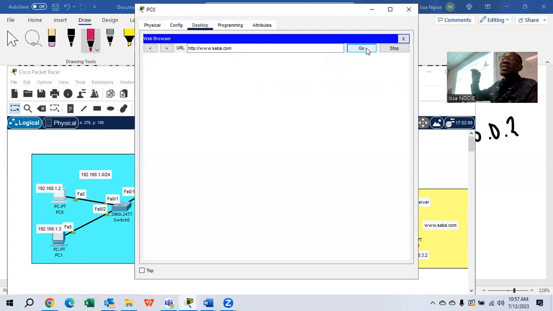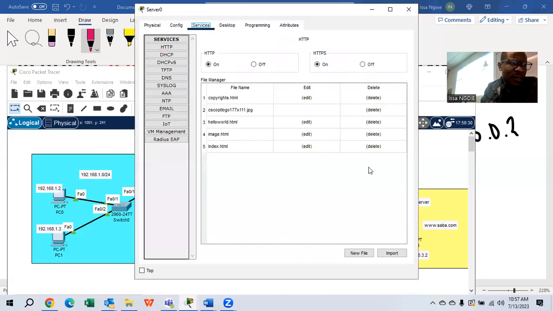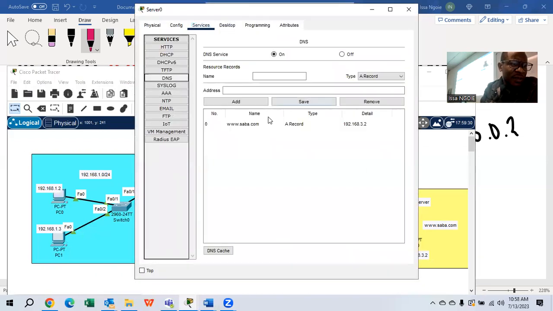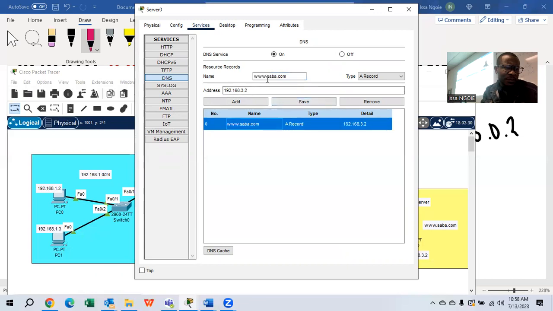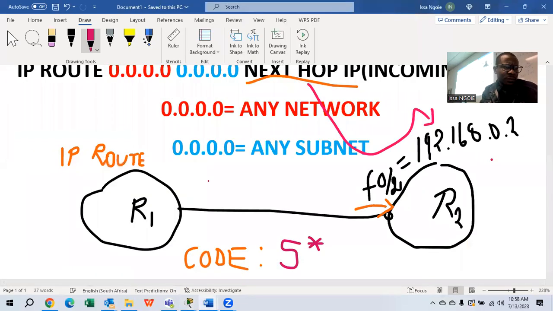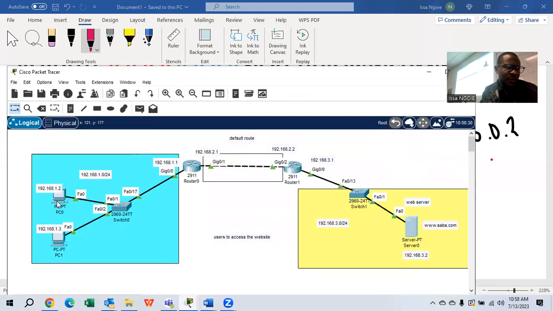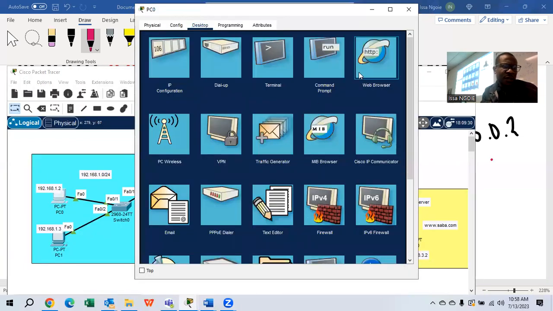Sometimes maybe you can remove the www and just keep saba.com. Let me try to remove it. I'm going to just keep it and try using my domain name. It's still going to work. It can work now.